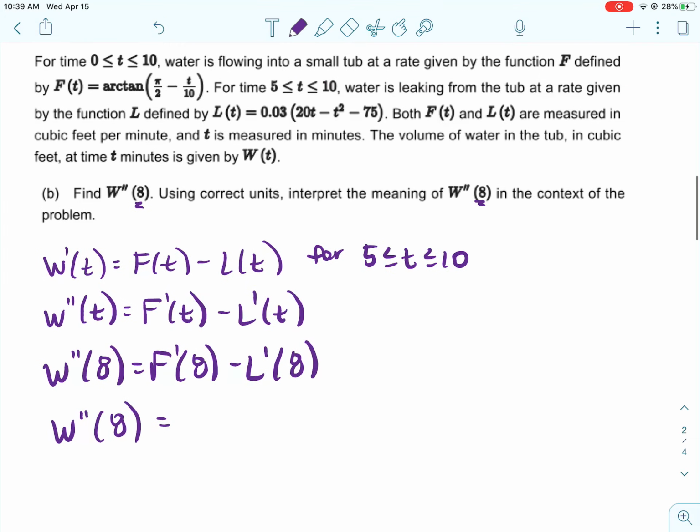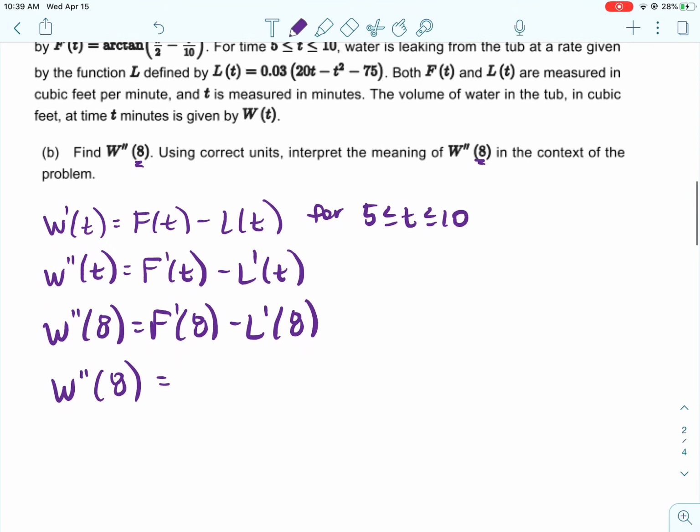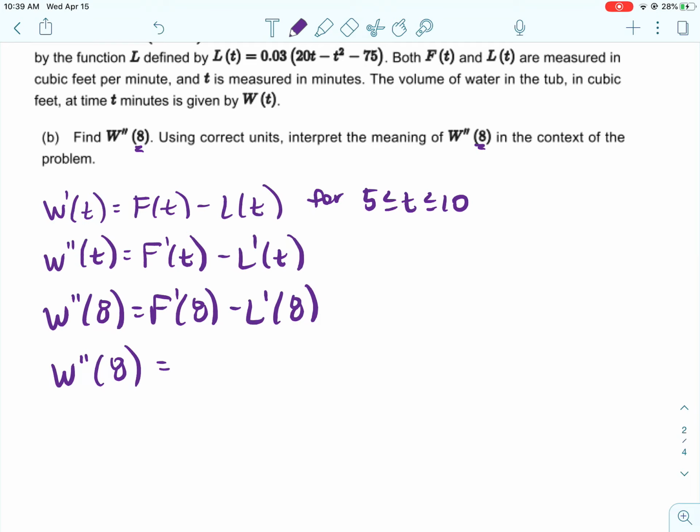For L prime of t, F of 8 and F prime of 8, in this case we could use the calculator. You may have to show your work finding those derivatives by hand. And even if you do have to do it by hand, you can still check it in the calculator.